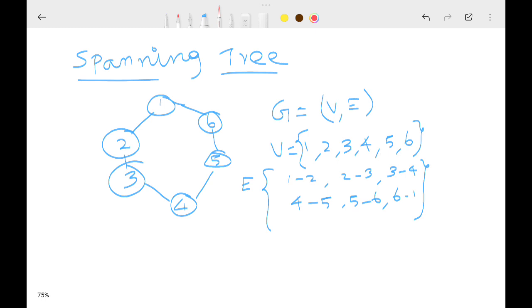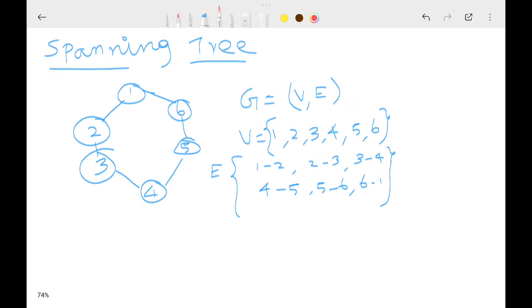Now a spanning tree is a tree. I already told you this is a subset of this given graph. This graph has 2 sets: one is the vertex set and another one is the edge set.